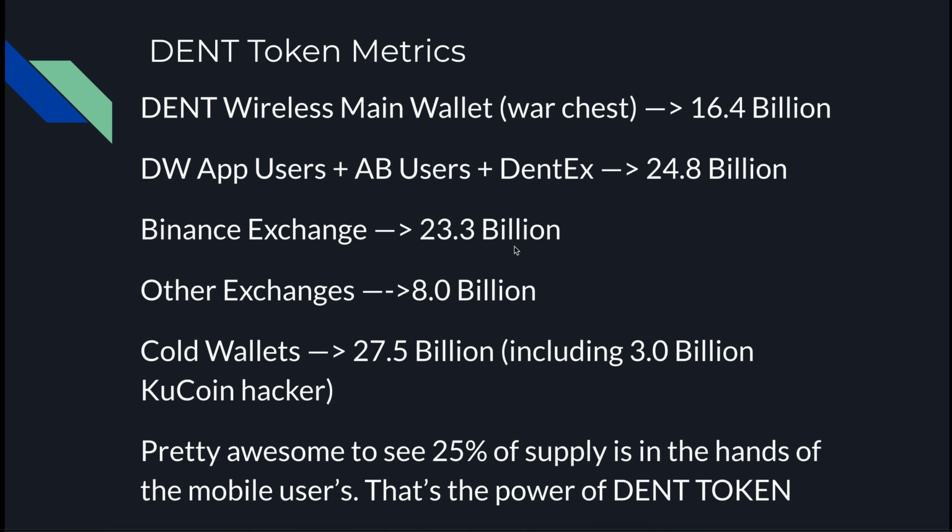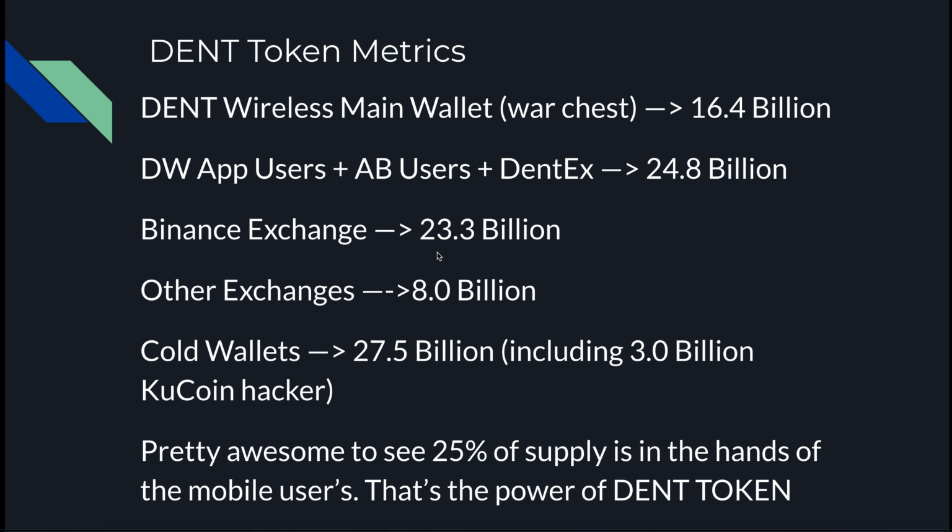The mobile users don't account for the circulating supply or the price of the token in the crypto exchanges. The price discovery of the DENT token happens in this 31.3 billion range, which is in the crypto exchanges. So the price discovery happens from the cryptocurrency exchanges. We know that very well.